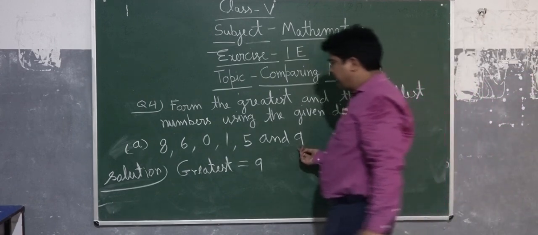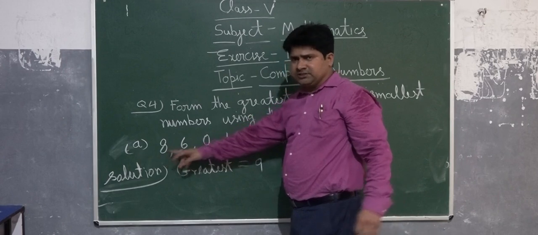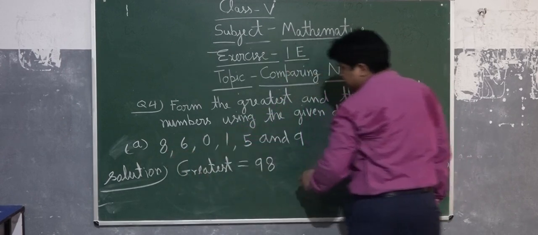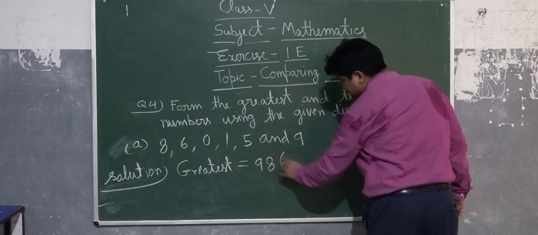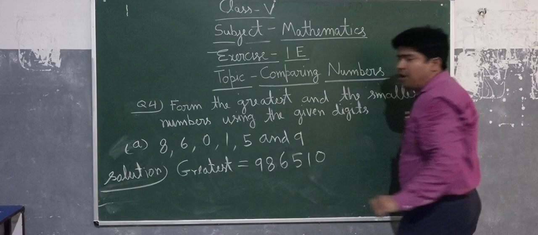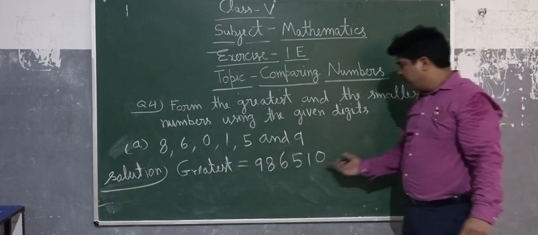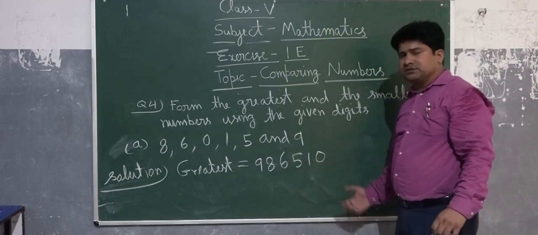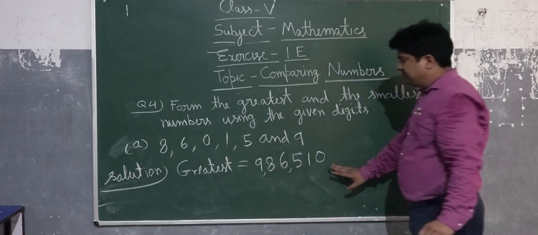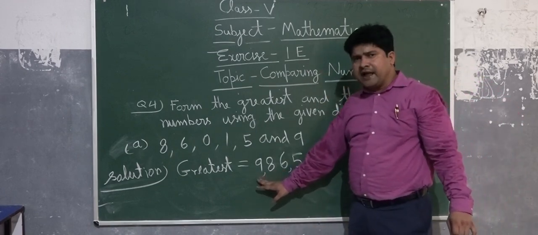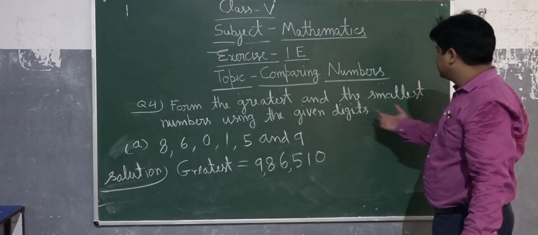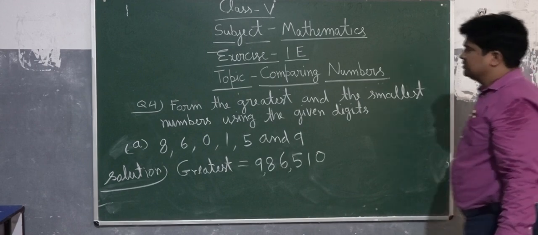We are putting 9, then the second greatest is 8, then 6, 5, 1, 0. Now we will put the commas, dividing according to their periods. This number is 9,86,510.